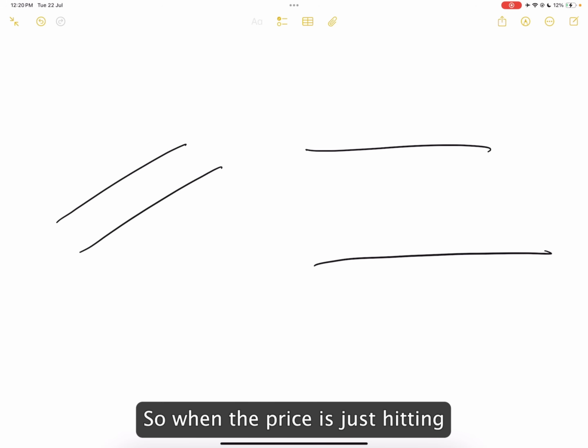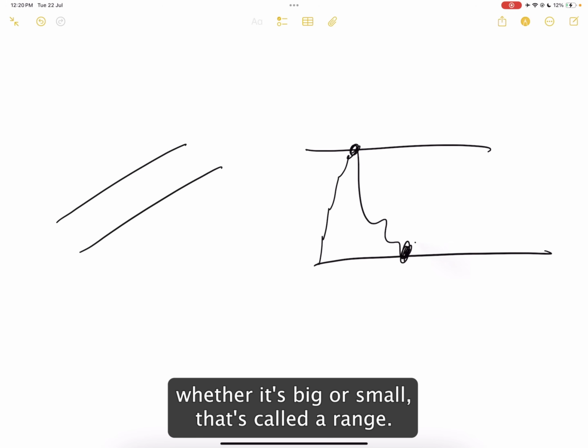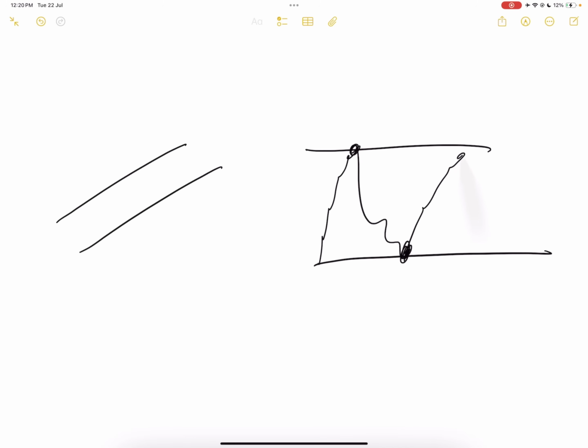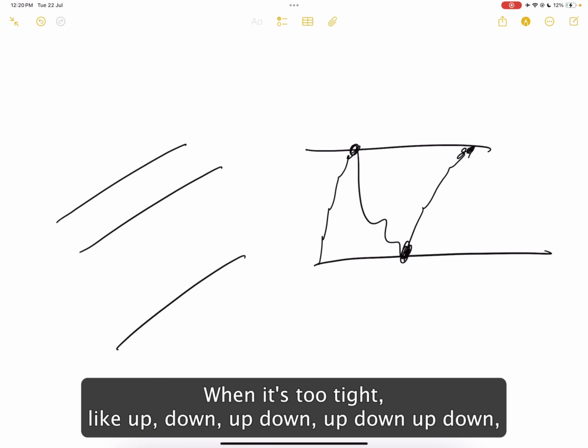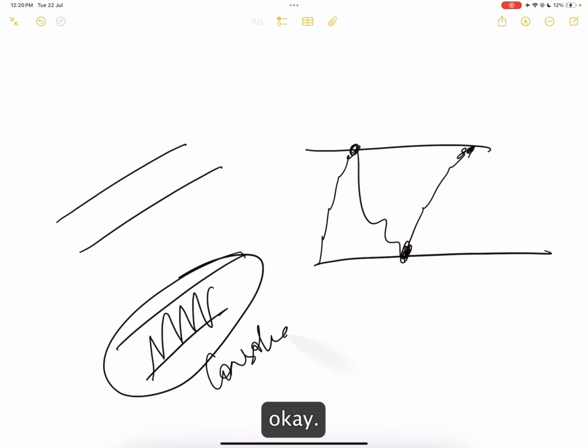So when the price is just hitting the resistance and the support, whether it's big or small, that's called a range. Okay? When it's too tight, like up, down, up, down, we call it consolidation.